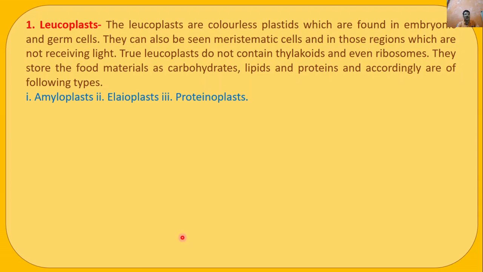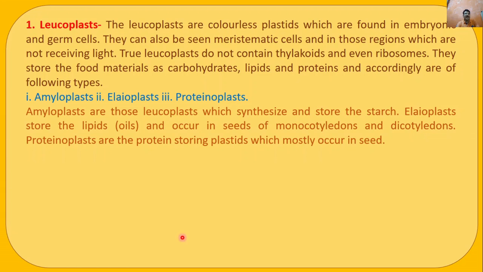Amyloplasts are the leucoplasts which store carbohydrates. Elaioplasts are the leucoplasts which store fats or lipids, and proteinoplasts are the leucoplasts which store proteins in their body. So these are different types of leucoplasts.